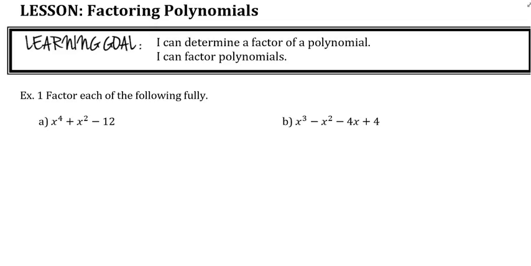Factoring, it doesn't need to be said, is always about using all the information that you know, everything you know about polynomial functions or about whatever kind of expression you're looking at.